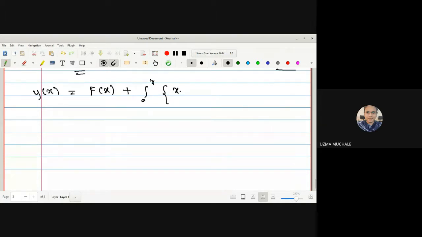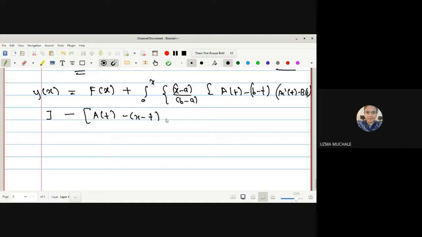Now we will write down all those terms which are coming under the integration a to x: A of t minus (b minus t), A dash of t minus capital B of t, this bracket completed, minus capital A of t minus (x minus t), A dash of t minus B of t, this whole bracket completed, and here we have y of t dt.